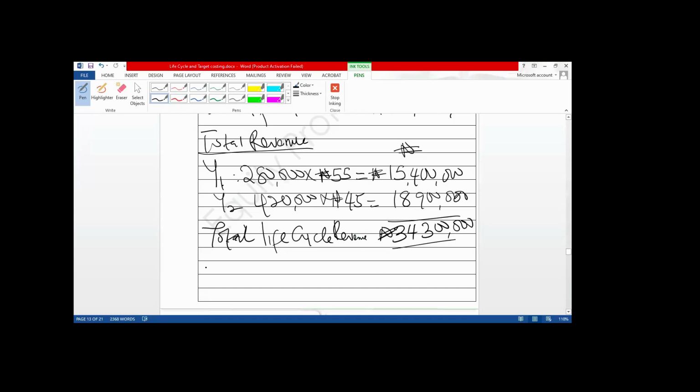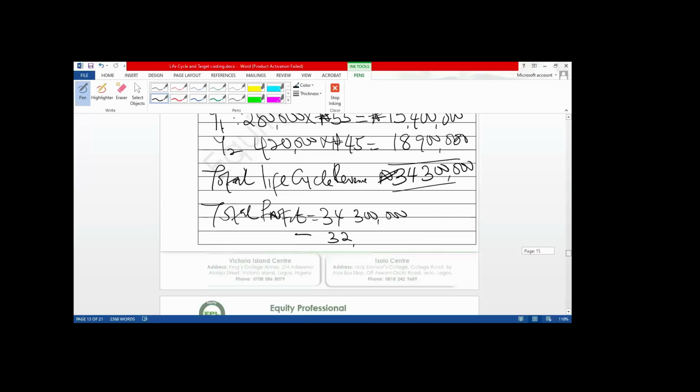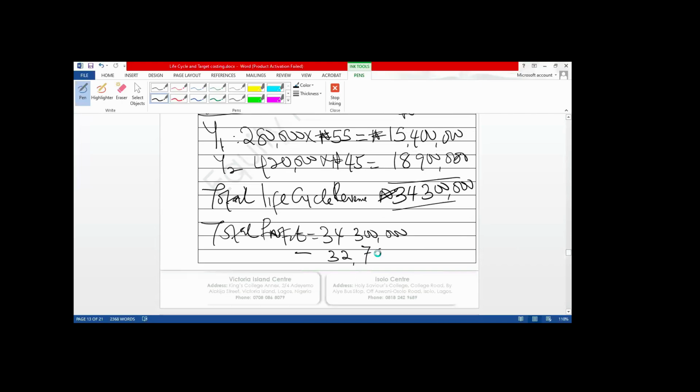Therefore, expected total profits: 34,300 minus 32,750. That will give you life cycle total profits: 1,550,000.